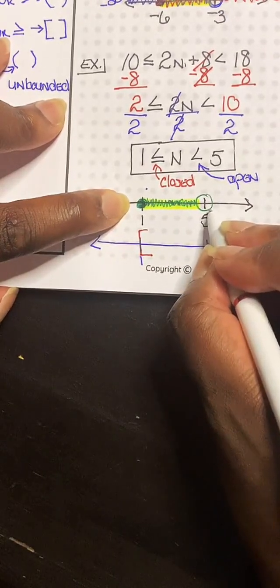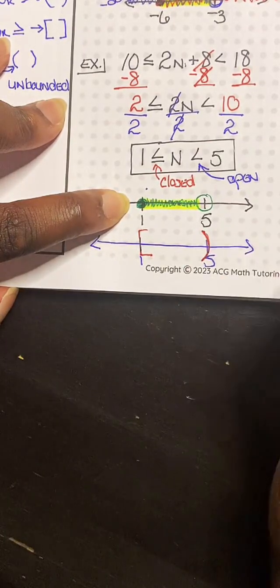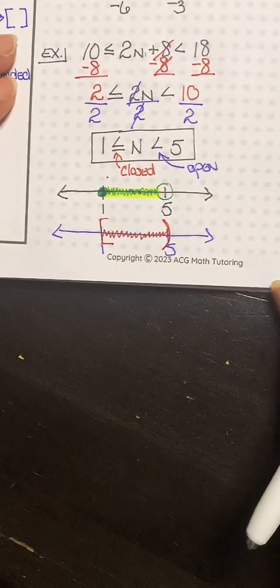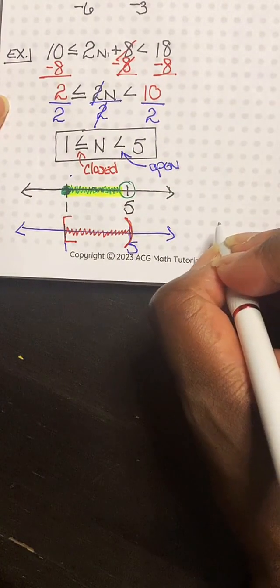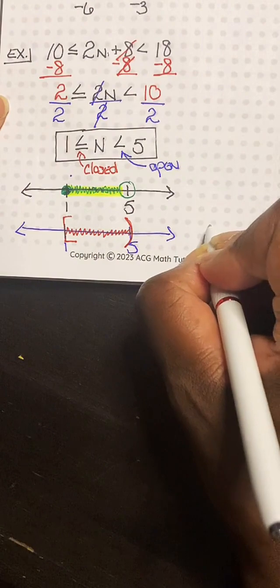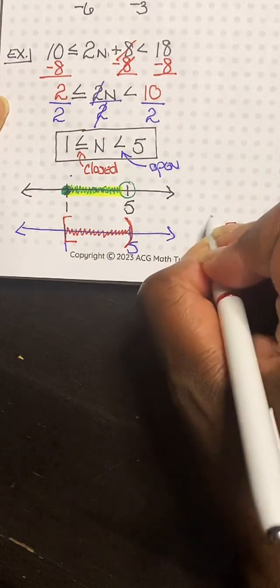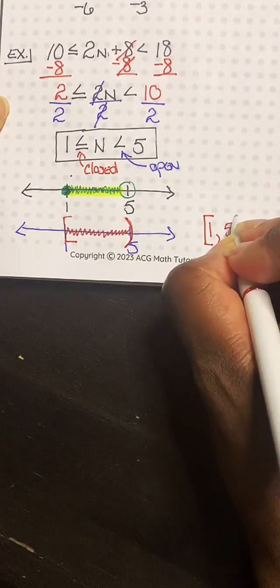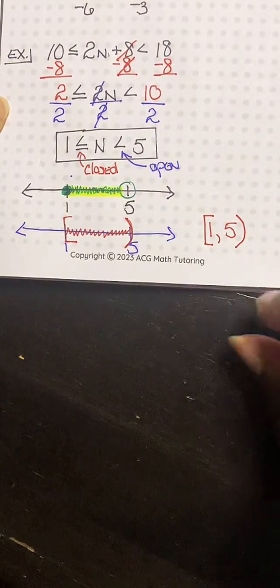If it was an open circle, we're using a parenthesis. Then I just shade everything in the middle. Because if I wanted to put this in interval notation, I have my 1, I have my 5. My 1 was included, so that's a bracket. And my 5 wasn't included. Oh, so sad. That's a parenthesis.